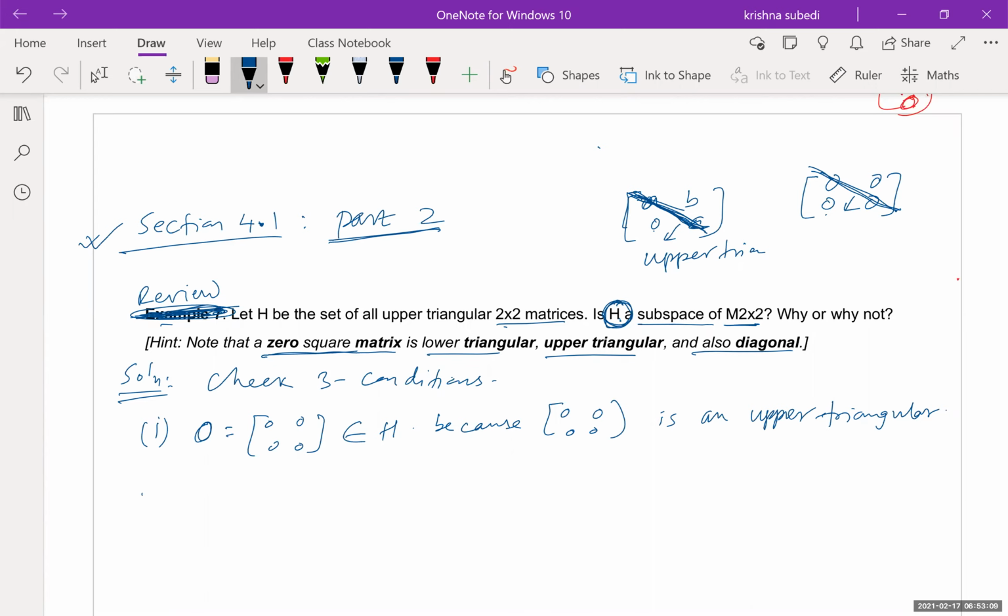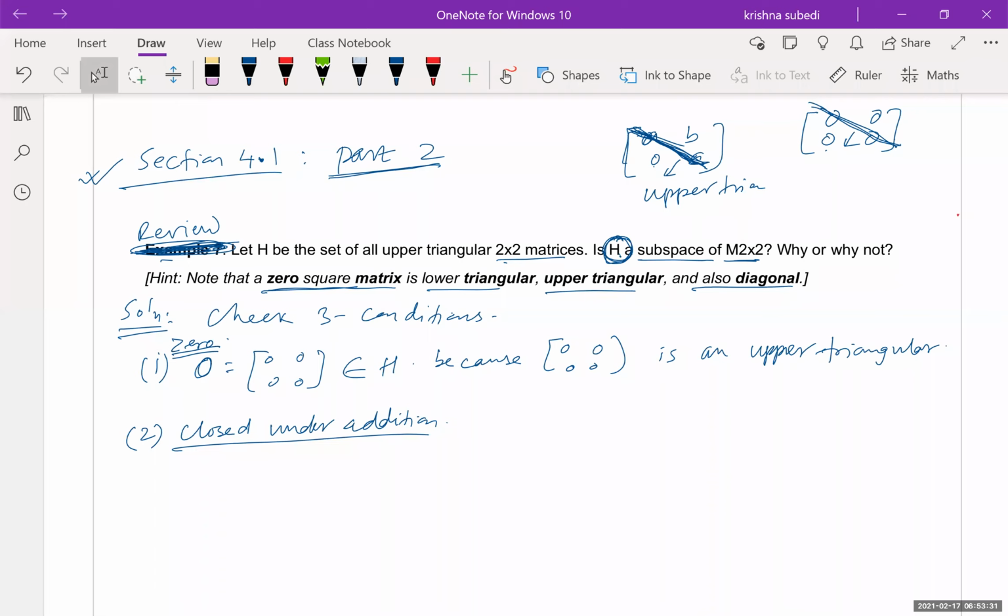Now condition 2. First was the zero matrix. Second, let's look at whether H is closed under addition or not. Let us check that. For this, let us consider two vectors. Remember, that is how we do this.